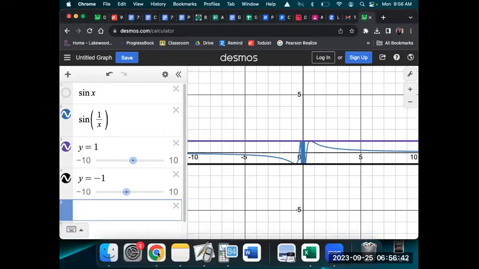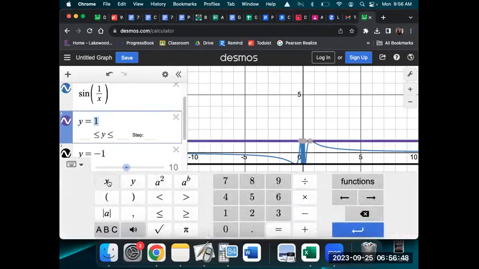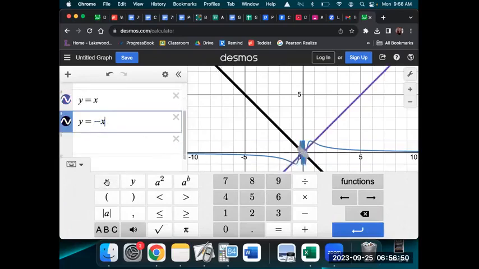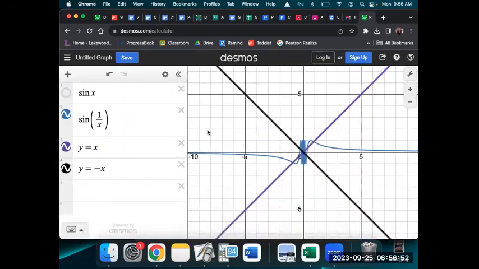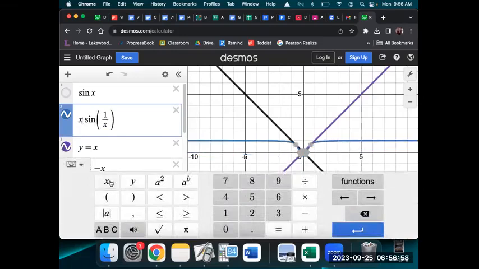And yes, I'm using Desmos just for ease of this for now. Okay, let's see. Let's make that an x and a negative x. Ooh, okay. So, oh, and I needed to make that an x.